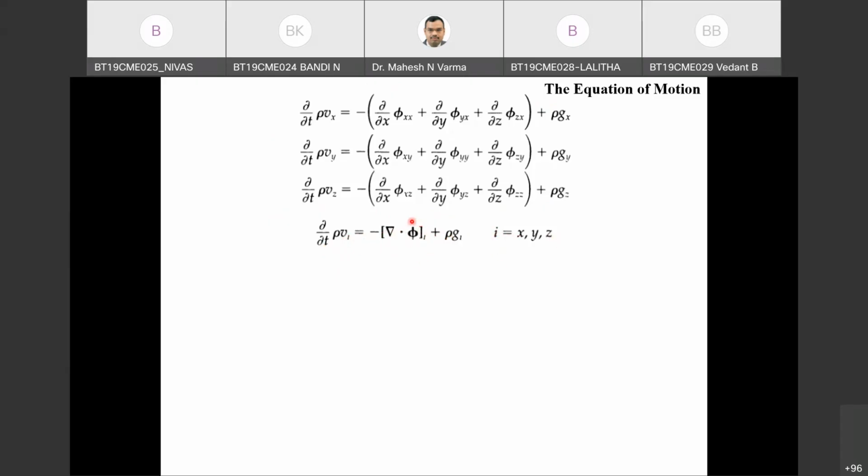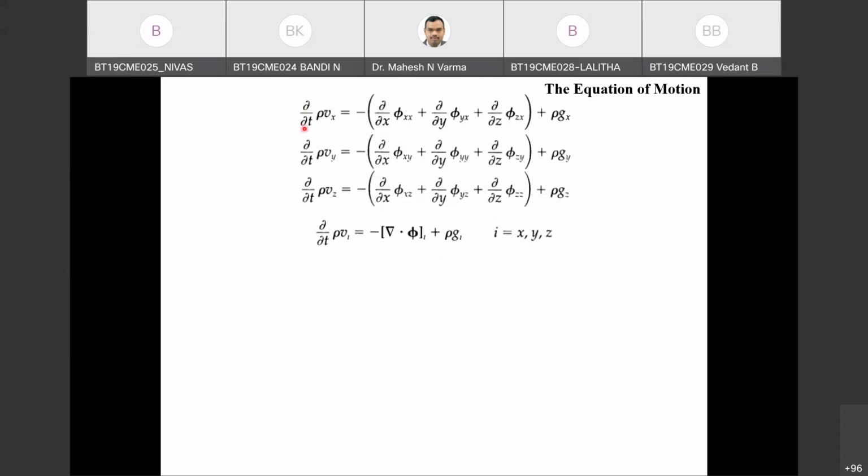This is the divergence of phi: variation of the x component with respect to x, y component with respect to y, and z component with respect to z.